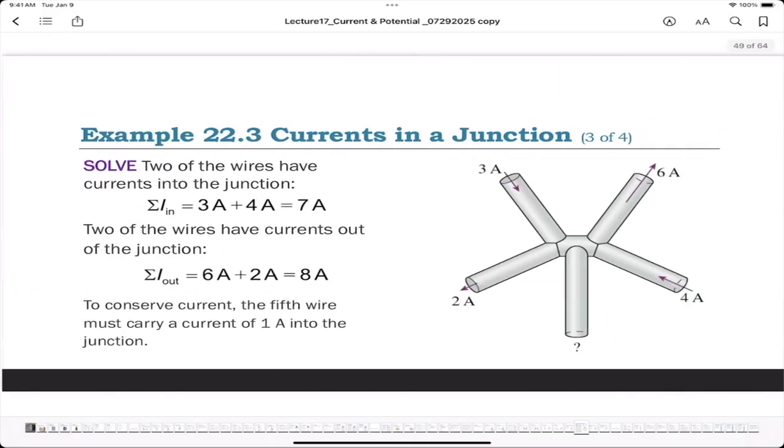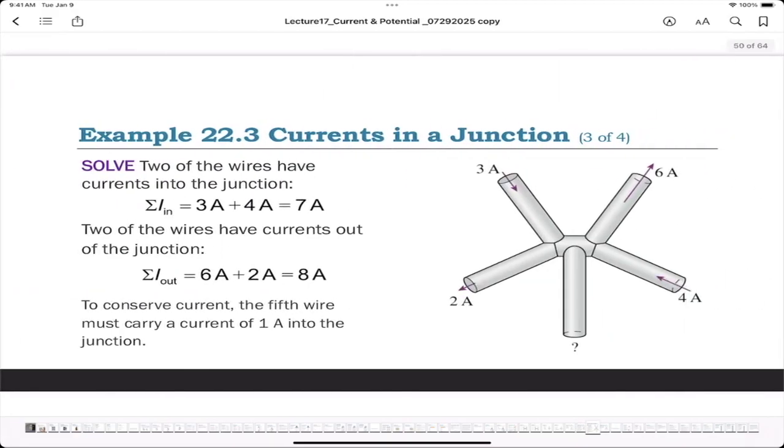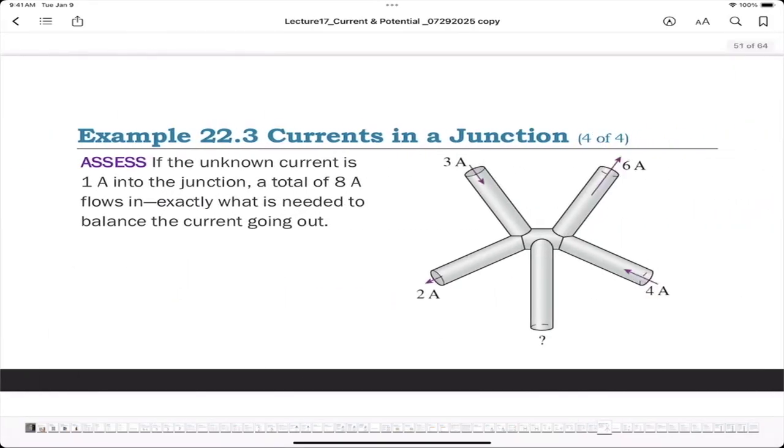This is the in, this is out. So the fifth wire must carry a current of 1A into the junction. If the unknown current is 1A into the junction, a total of 8A flows in, exactly what is needed to balance the current going out. So our result makes sense.